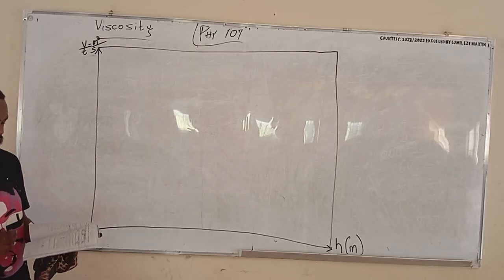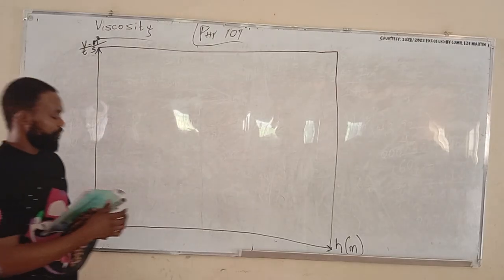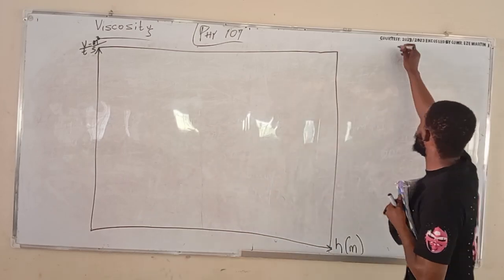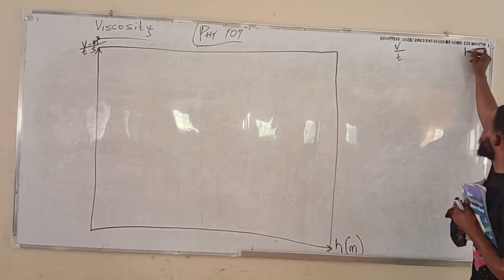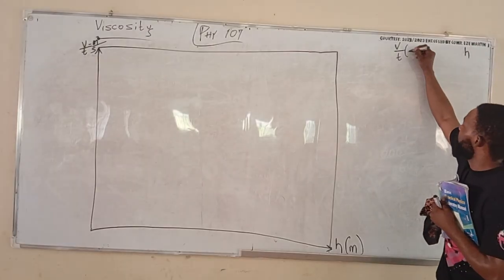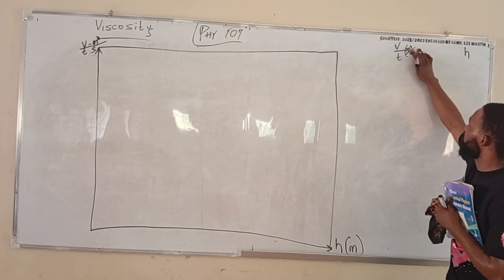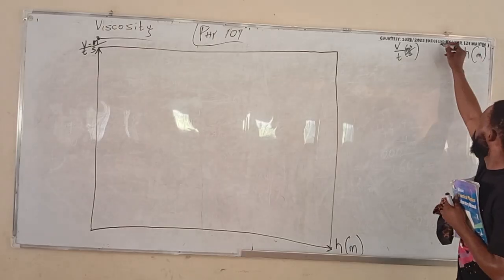So do all those conversions. So let's just solve. I will be having my table of values for V over T, and my table of values for H. This one is in meter cube per second. This one is in meter.